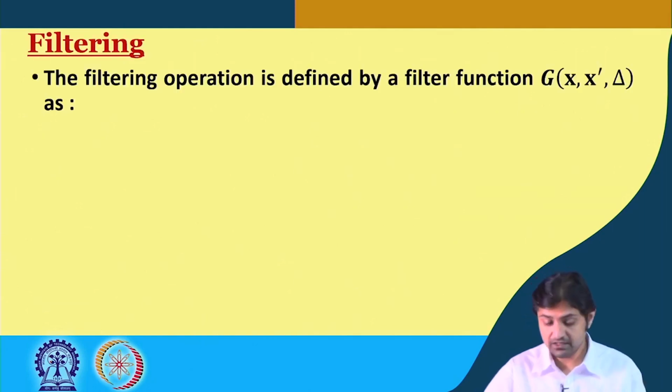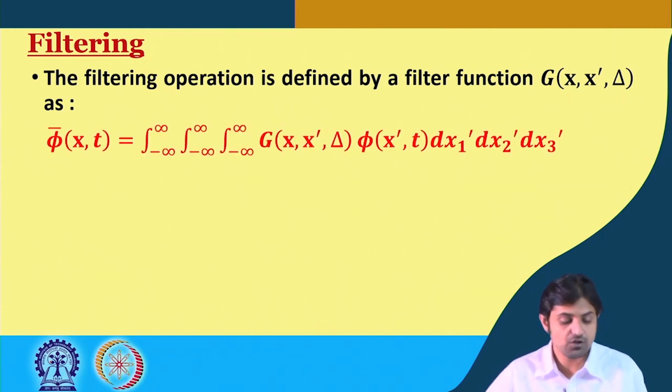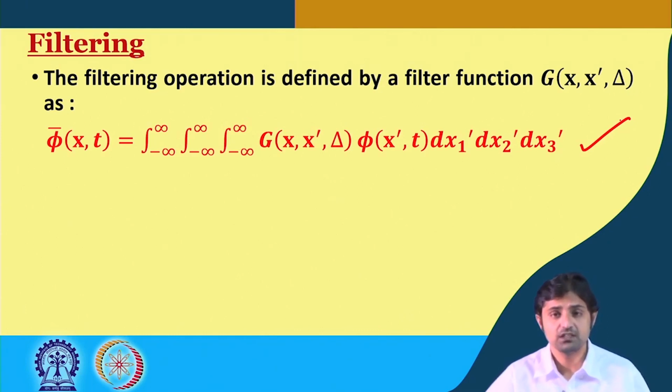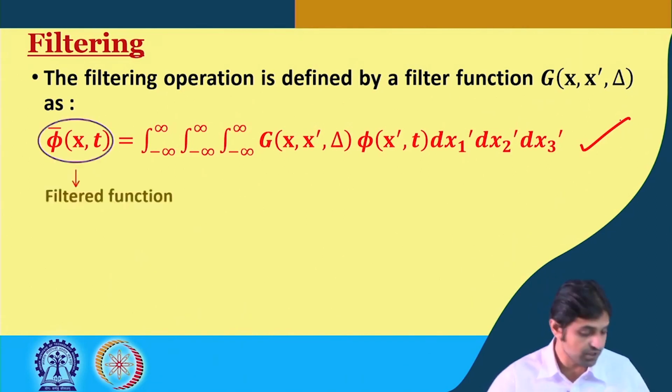Now the filtering operation that we have talked about is defined by a filter function G of x, x dash, delta. It's very complex, but there is a filtering operation that you must know: in LES we use a filtering operation to cut off the smaller eddies and solve for the larger eddies, and then approximate the smaller eddies using a turbulence model.